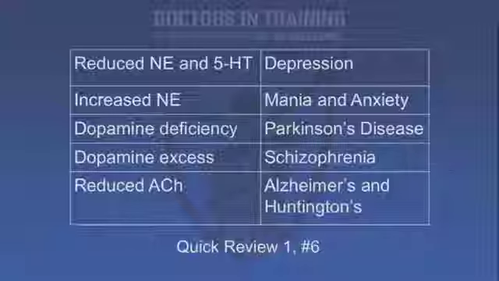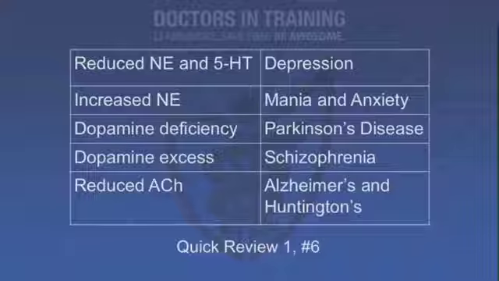Next question. What disorder results from a deficiency in the following neurotransmitter? So good stuff to know. So reduced norepinephrine and 5-HT, so this is serotonin. And that's going to lead to depression, which makes sense because we have a lot of medications that increase serotonin and increase norepinephrine for depression. Increased norepinephrine. So this is something that can cause mania and anxiety.